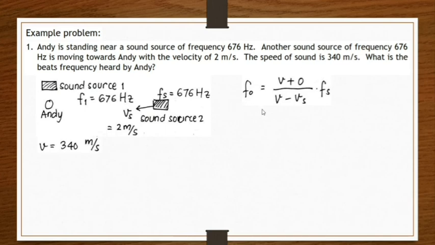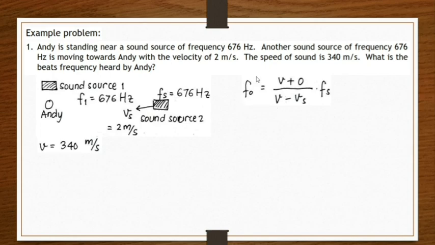We use this equation. F of the observer will be equal to V plus minus Vo, the velocity of the observer. In this case, Andy is stationary, so the velocity is 0. And then V plus minus Vs, we can see that the source is moving towards the observer, so this should be negative.